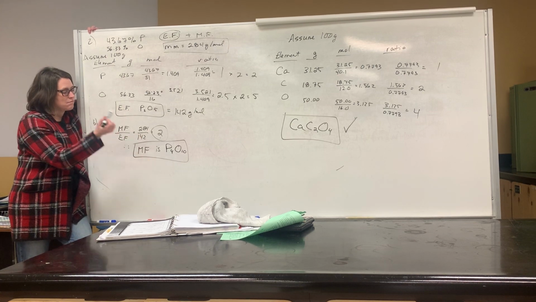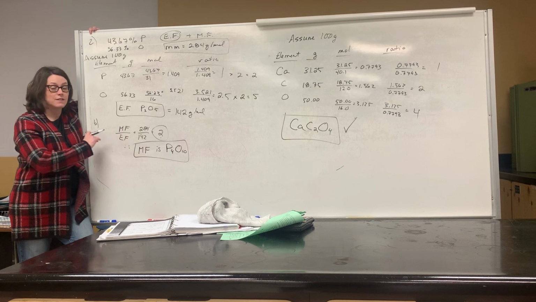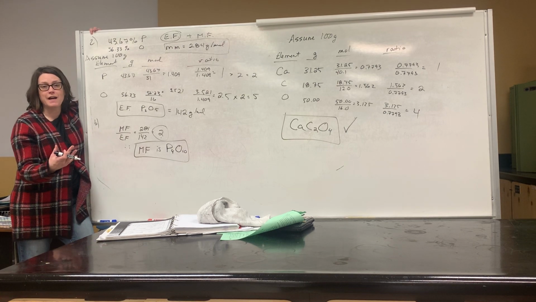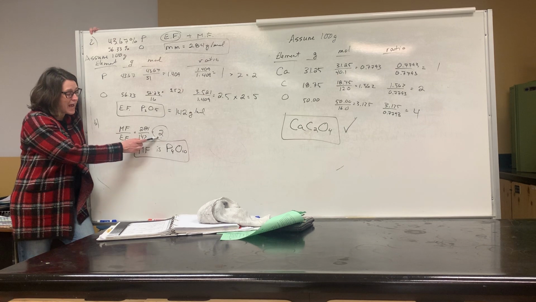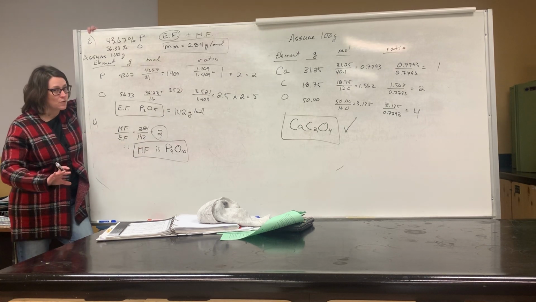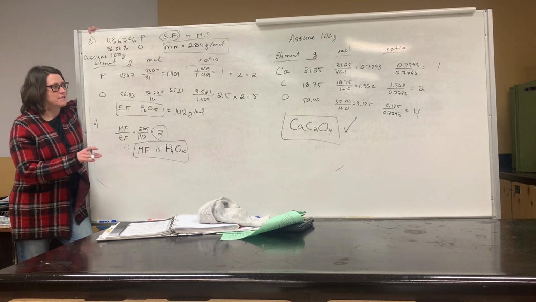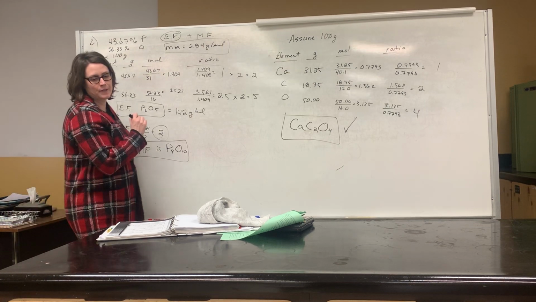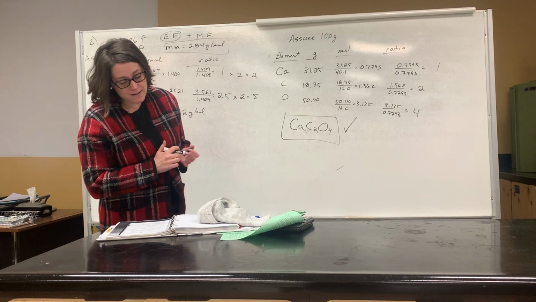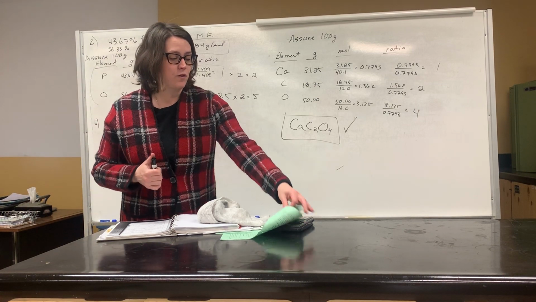So say you get 1.3 there. You've made a mistake and you need to go back. You've made a mistake in your empirical formula. This has to be a whole number. If it's not a whole number, go back, reassess. You've done something wrong in this section.